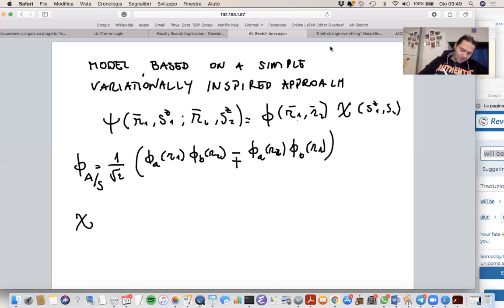Similarly, I can use the same construction that we saw in the Slater determinant to build an antisymmetric and symmetric combination of spin wave functions.